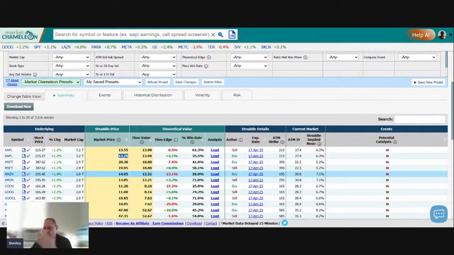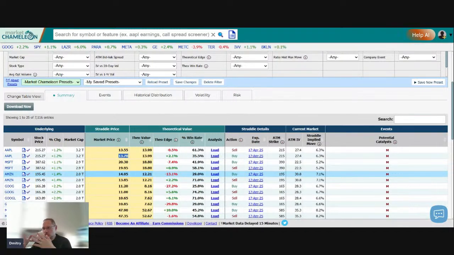When you're looking at a straddle, let's say from the buy side, right? Then you're expecting the stock to move by a higher magnitude than what the straddle is priced at, or to have more volatility than the straddle is implying. Okay, so that's what you're trying to analyze.